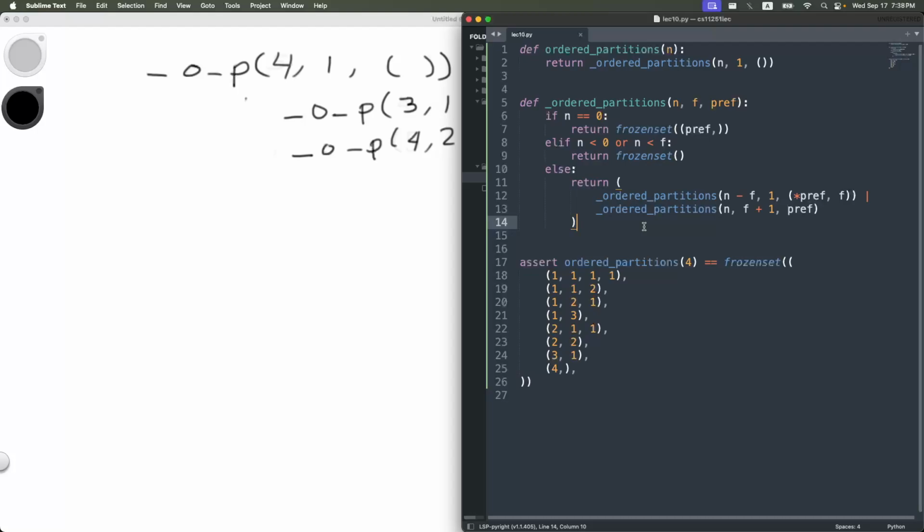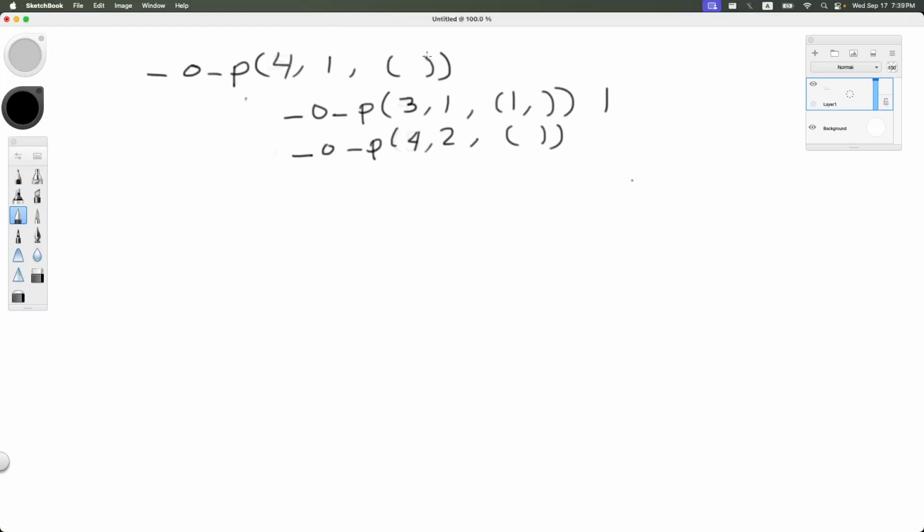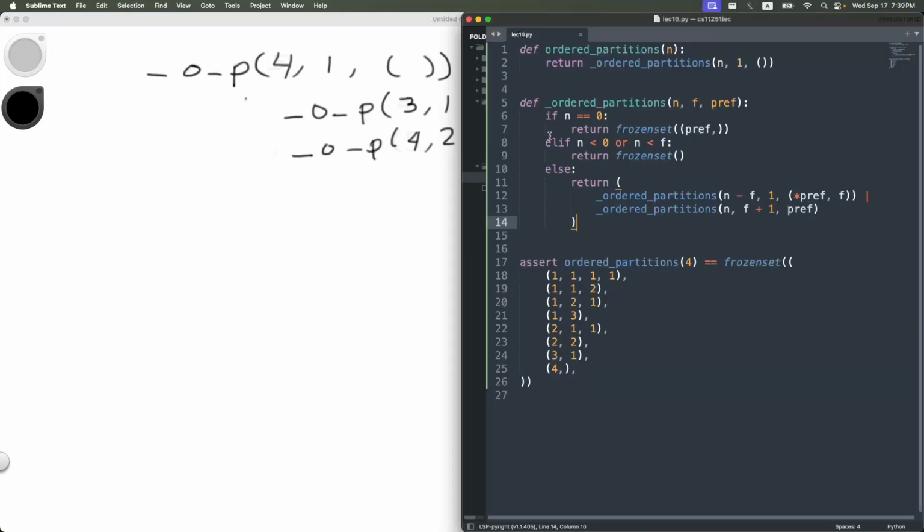Okay, let's try this with the assertion. Alright, let me visualize.